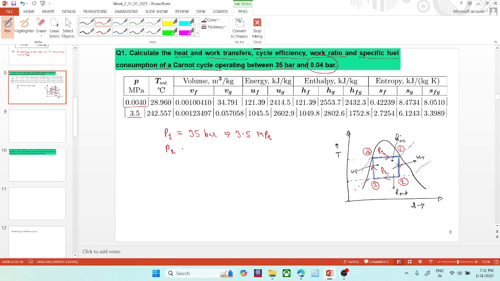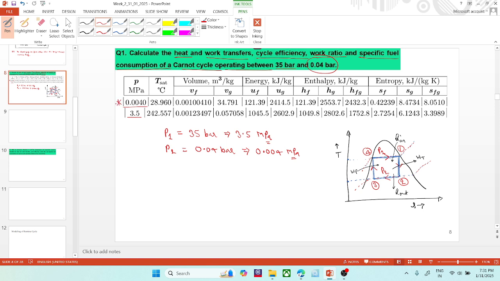The pressure P2 is 0.04 bar, or it would be 0.004 megapascal. Okay, and against these pressures we can see the saturated temperature.